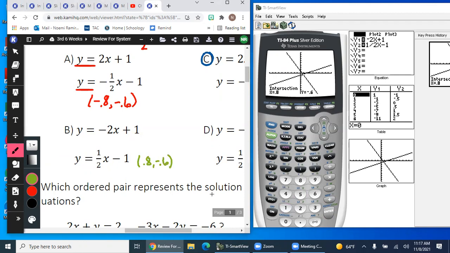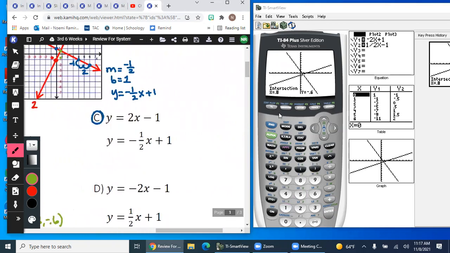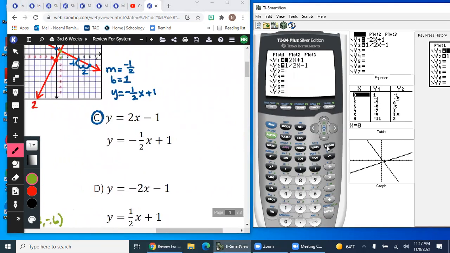So if I were to graph this on the coordinate plane, 0.8 is here, negative 0.6 is down here. You see that your point of intersection is in the fourth quadrant, 1, 2, 3, 4. That also doesn't match. Let me go with D, since I know D is also not an answer. So negative 2x minus 1, and then 1/2 x plus, too far, plus. Second, trace 5.